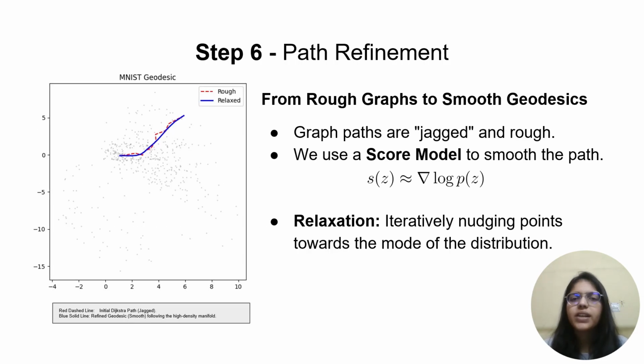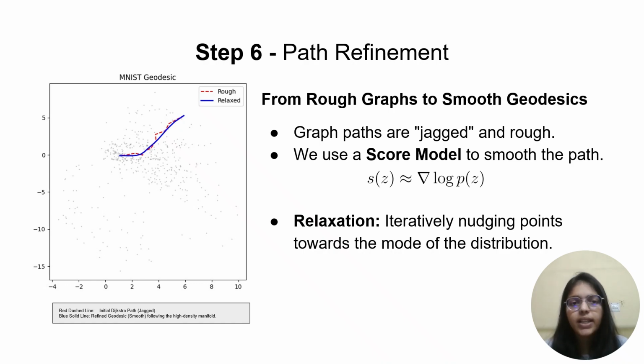The process of iteratively applying the relaxation update rule smooths the path over many steps, and the result is visualized here. The red dashed line represents the initial Dijkstra path, the rough route found on the discrete graph.